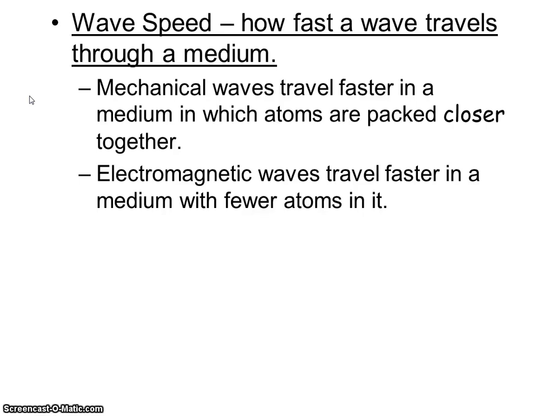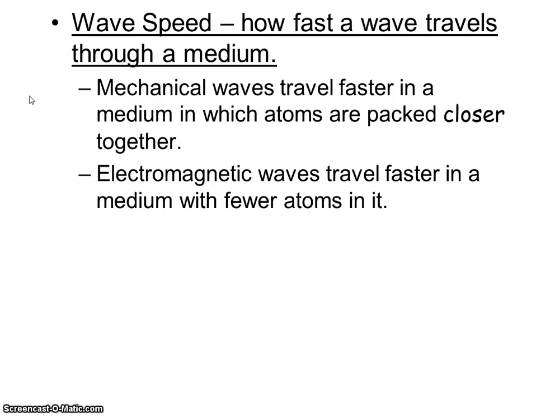Whereas for an electromagnetic wave, that is the exact opposite. If it doesn't need a medium, then the medium is essentially getting in its way. So if there's something getting in its way, the more densely packed those particles are, the more it's going to get in the way of that electromagnetic wave.